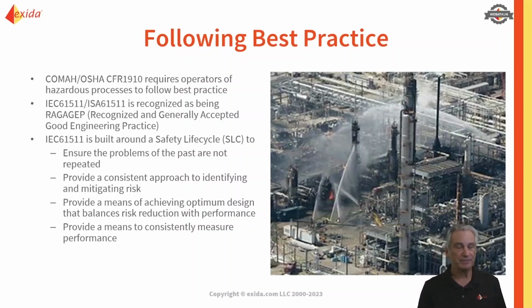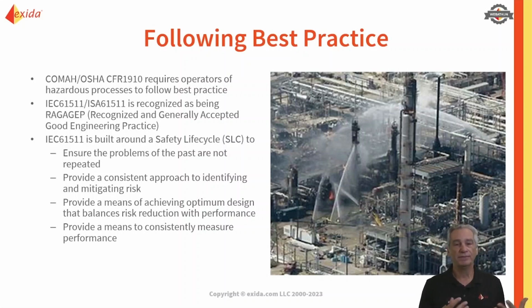The purpose of this is to ensure that problems of the past haven't been recreated when it comes to the safety instrumented system. So basically IEC 61511 is based around a safety life cycle, and there are three phases. There's an analysis phase, a design and implementation, and an operation and maintenance.